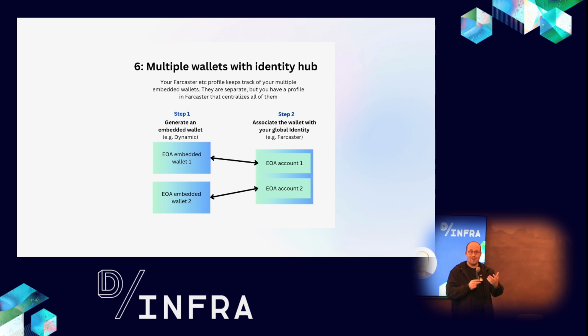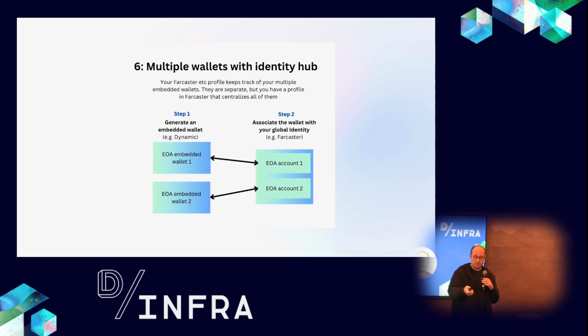Farcaster just added Solana, the ability for you to connect and claim, here are all my wallets. So a second way to move to global wallets is actually not to move to global wallets, but rather move to this interesting hub that serves as your identity hub for wallets. That is a completely different approach for how to think about global wallets that we're seeing pick up as well.